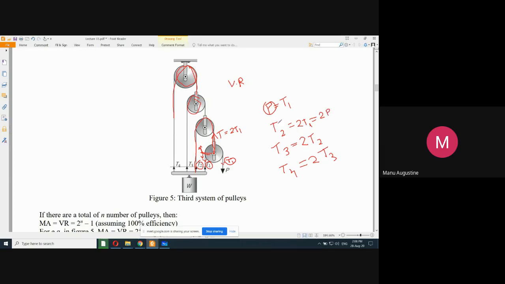Now T2 is equal to 2P. अब T2 की जगह पे अगर मैं 2P रखता हूं तो ये क्या आ गया 4P. अब अगर T3 की जगह पर मैं 4P रखता हूं तो ये क्या आ गया, 8P.